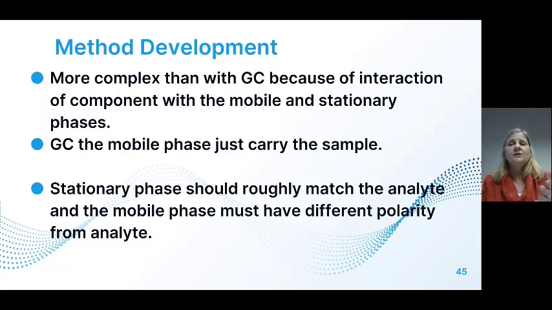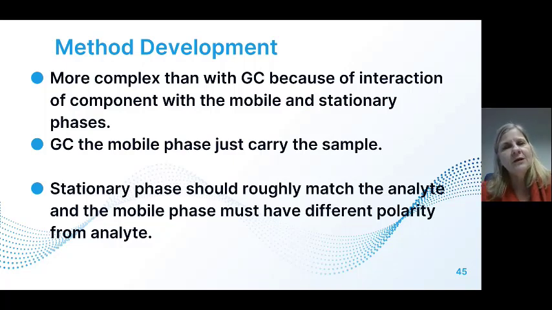And as soon as the temperature is high enough, it moves into the gas, which is your mobile phase, and the mobile phase just carries the sample out. So with GC, your temperature program must just be long enough or specific enough so that all your analytes are separated.